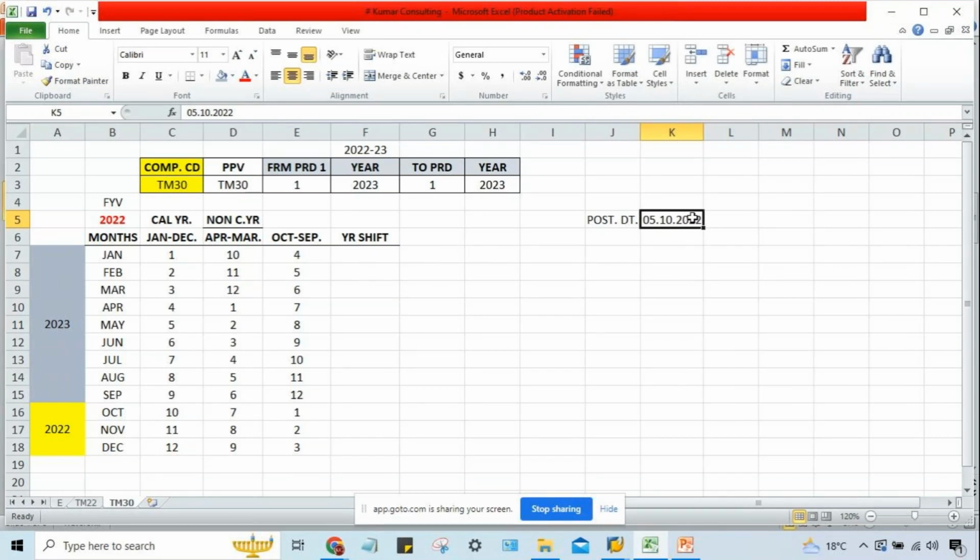No, my simple question, you just listen. 5th of October, right? Here I have given the 10th period. October means the 10th period as per calendar year, and October equals first, so that first we have opened. But here the year is 2023 and here the year is 2022. So how will SAP come to know that it is not 2022, it is 2023? That's my question.